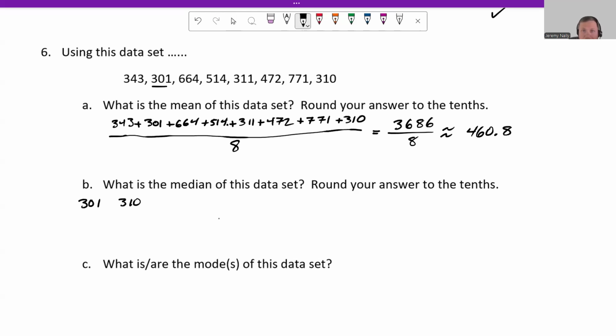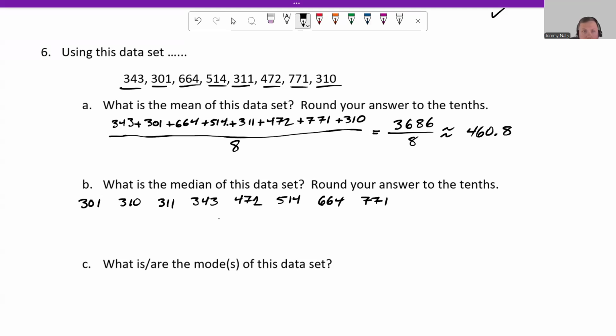Wow, 301, then 310, and then 311, 343, 472, 514, 664, and then 771.